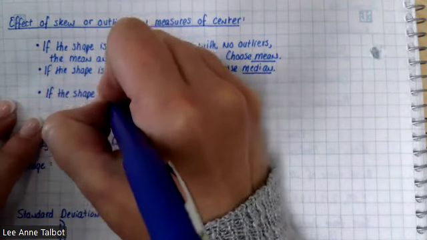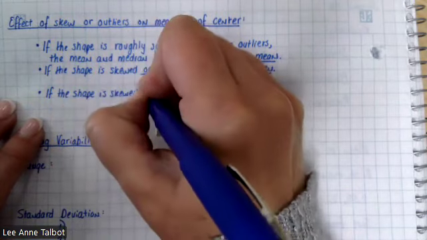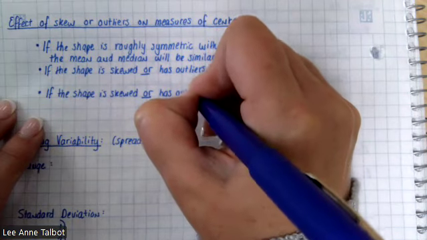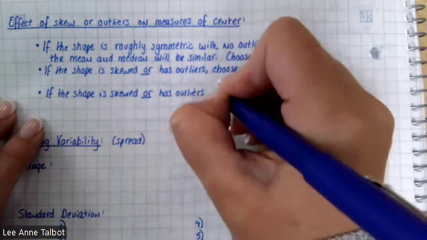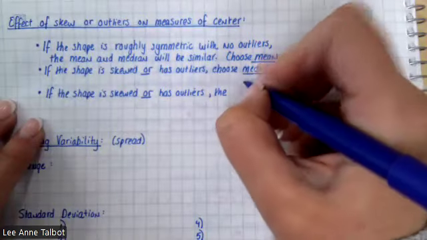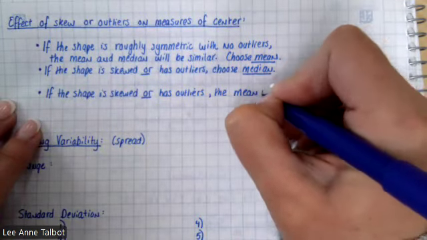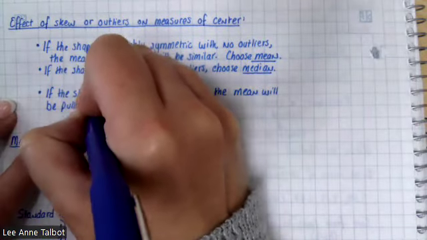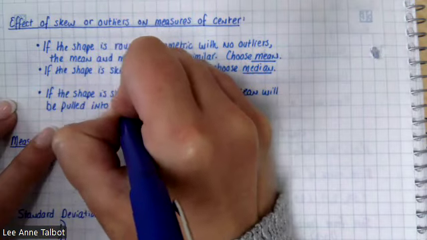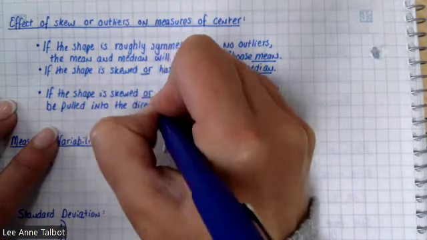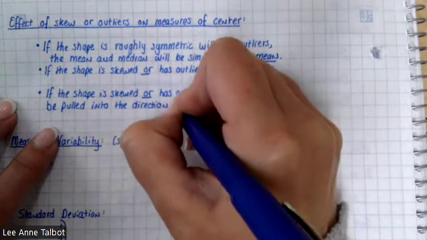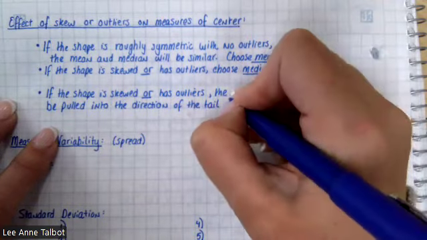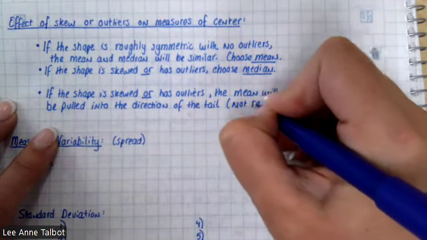If the shape is skewed or has outliers, the mean will be pulled into the direction of the tail, which means that it is not resistant.